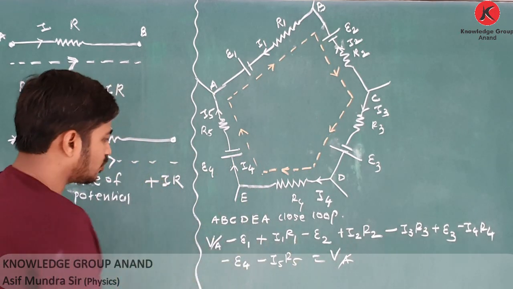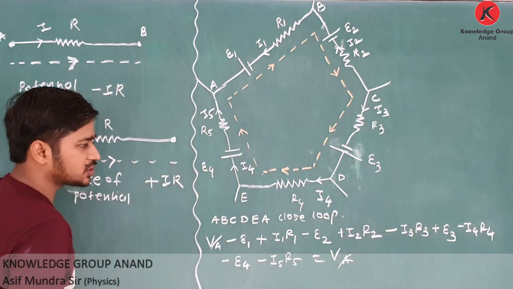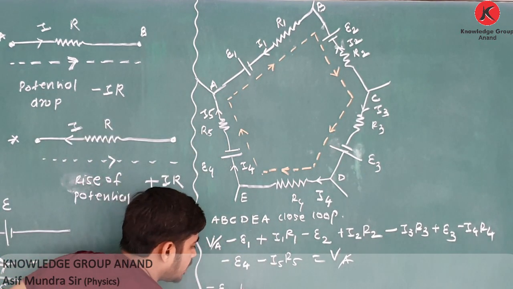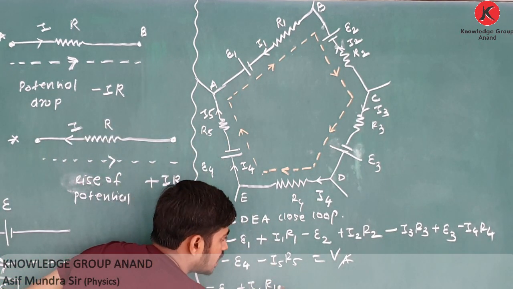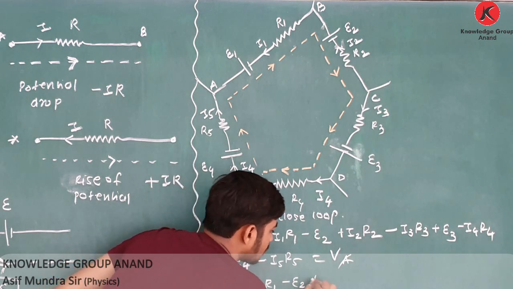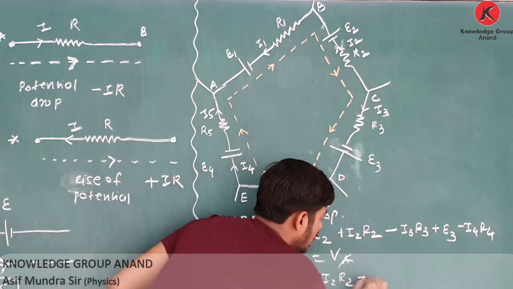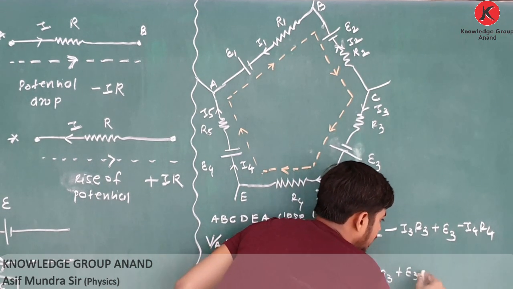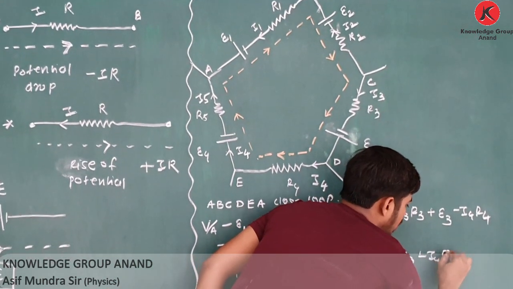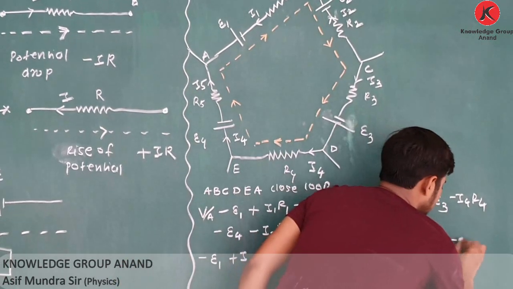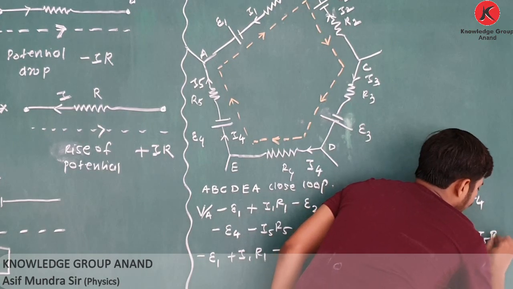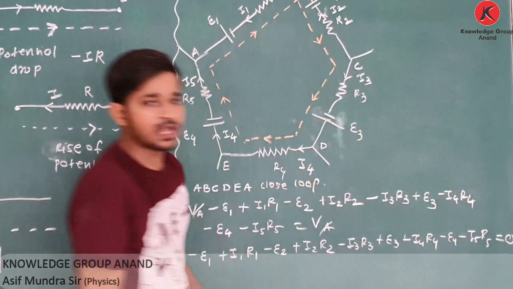The equation is minus E1 plus I1 R1 minus E2 plus I2 R2 minus I3 R3 plus E3 minus I4 R4, then minus E4, then minus I5 R5 is equal to 0.